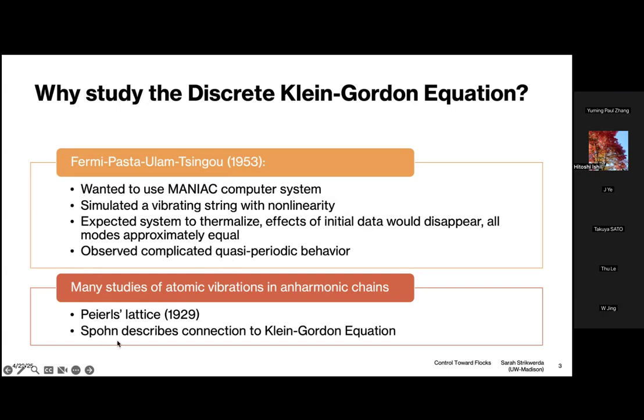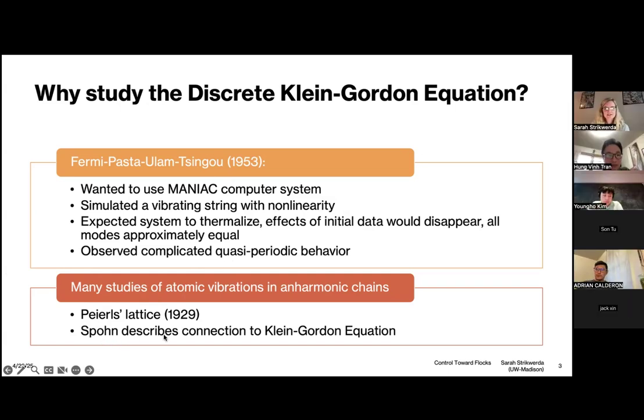And then more recently, Spohn describes the connection between these types of atomic vibrations to the Klein-Gordon equation. And so there is this relation here. And so our goal is that if we can control this equation, then that could give us some insight into problems of this type.